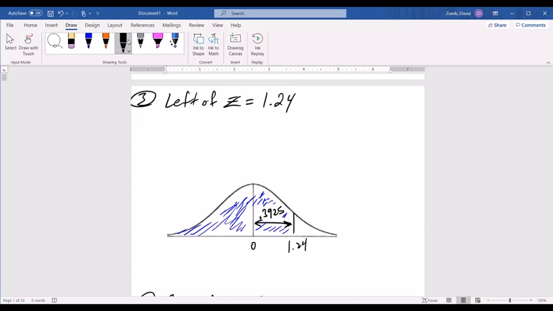If you split something in two, on each part you have 1/2. So everything on this side is just 1/2. To go to the left, it's everything in the blue part, which means you're going to have 0.5 plus 0.3925. So it's 0.8925 would be the area.